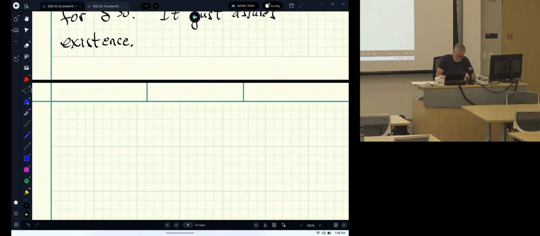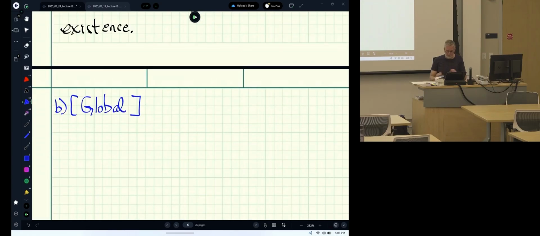Okay, let's take another crack at this. Global, and that's going to mean that the solution exists for all time t greater than 0 and any initial condition.